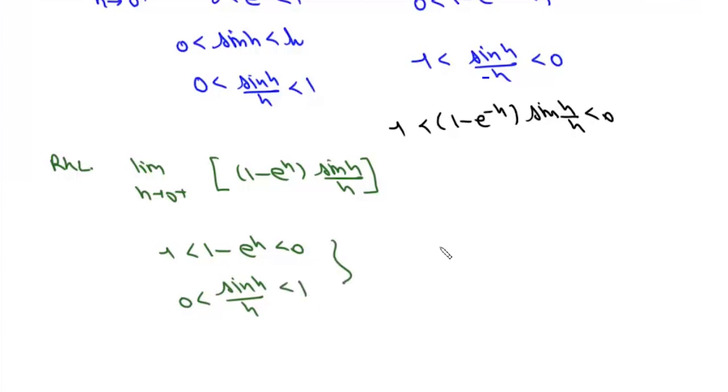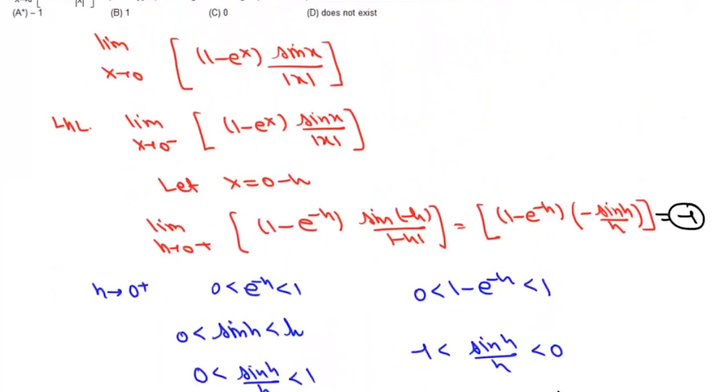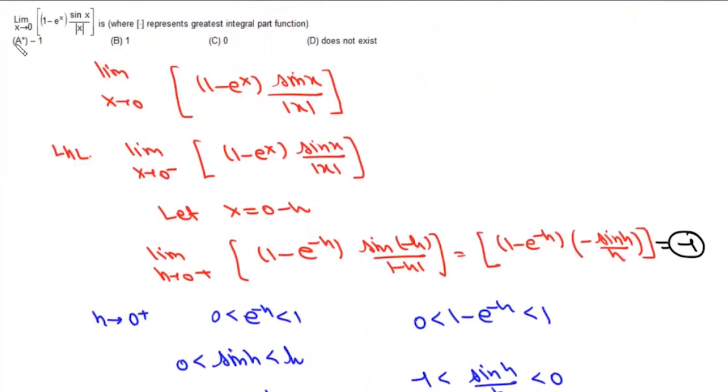Again this product will lie between minus 1 and 0, so the value of the greatest integer function again is minus 1. Since the left hand limit is minus 1 and the right hand limit is minus 1, the value of this limit is minus 1, and that's your option A.